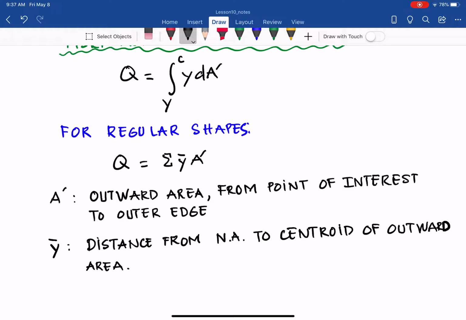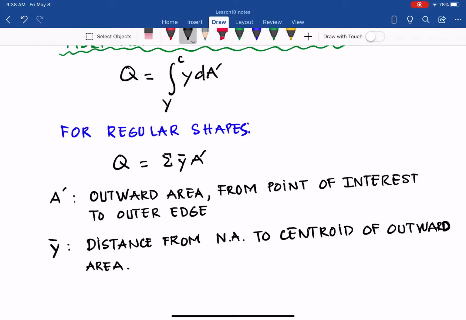Q varies parabolically in members with constant width, like a rectangular cross section.